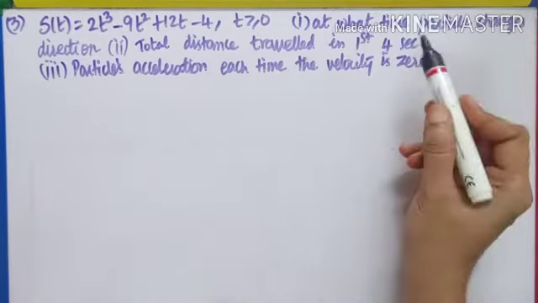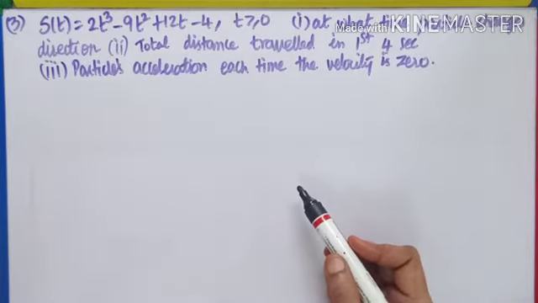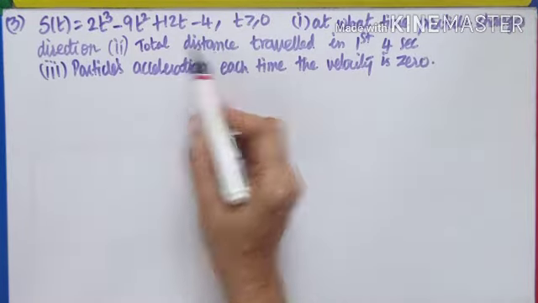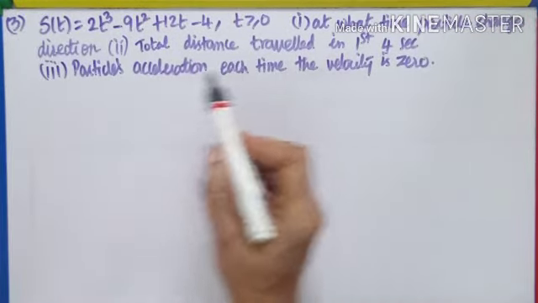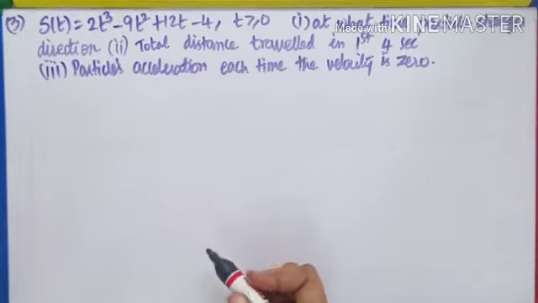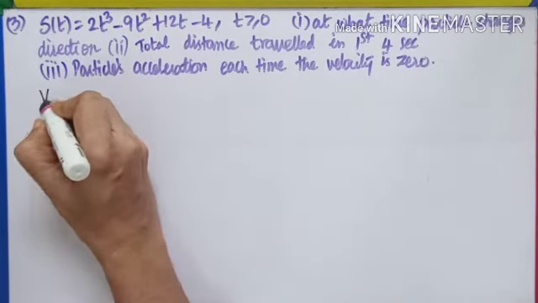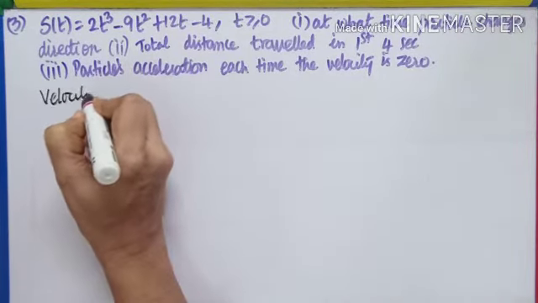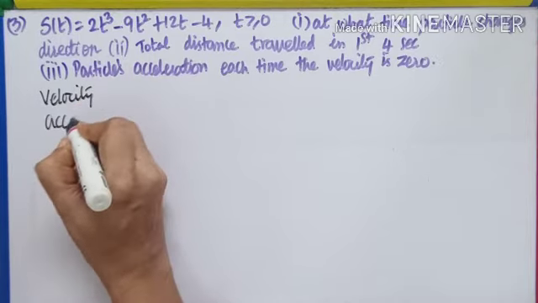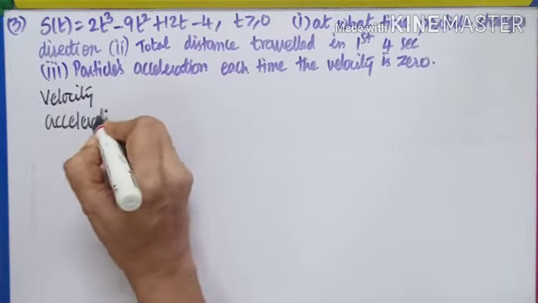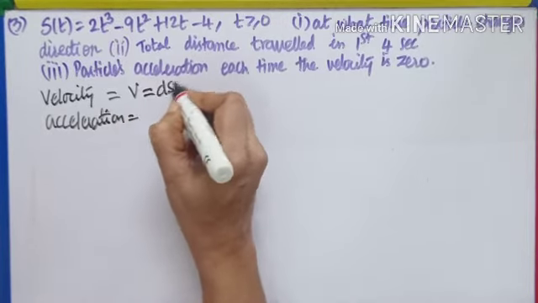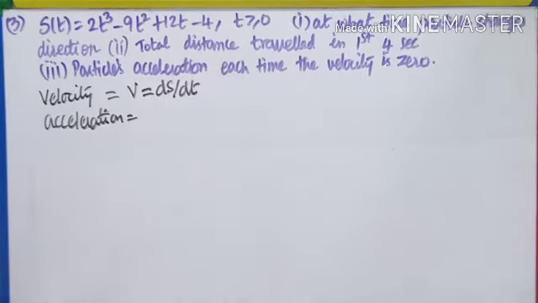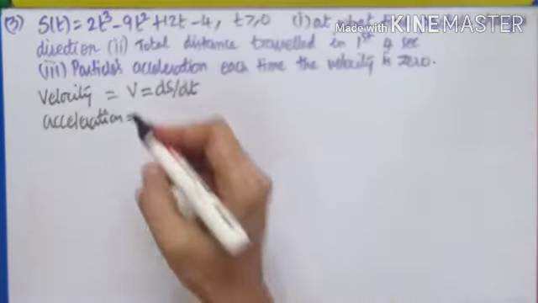In this problem, as I read out, I come across distance that is already given here as an equation, velocity as well as acceleration. So my very first step is to find out what is velocity and acceleration. What is the velocity formula? It is V, I can say ds by dt. First time I differentiate, I get velocity.